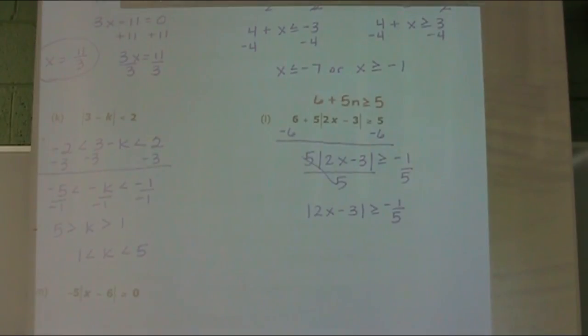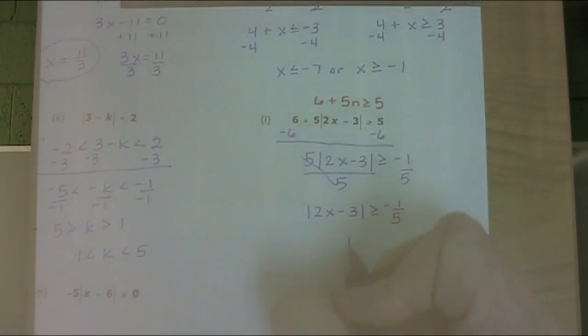Now I have absolute value greater than or equal to a negative number. What is this solution? All real numbers. Greater than or equal to a negative number is all real numbers.